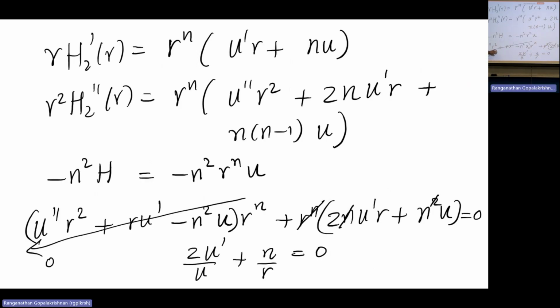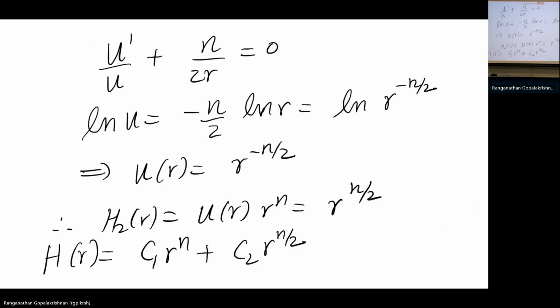At some point in your derivation, you will get to use the first equation, which is a solution to the original equation, and end up with the equation for u prime in terms of r. So you can integrate this to get u of r is equal to r power minus n by 2.